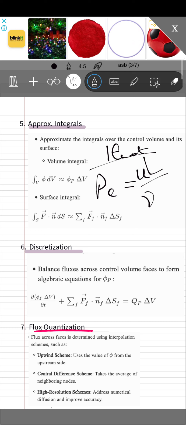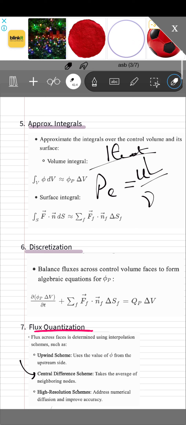And so for central difference, we usually have a low Peclet number. That means where the flow is laminar and the speed is not that much. It's a low speed and it has a lower diffusion.